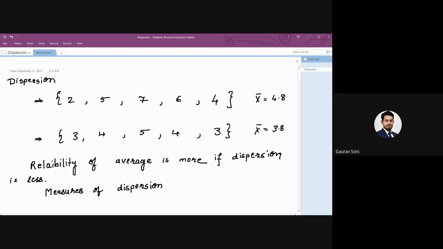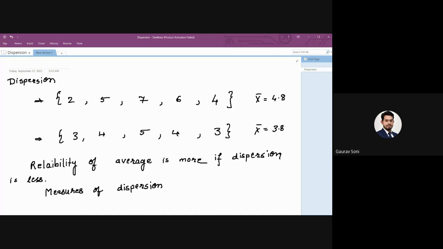How much reliable is the average you are using, whether mean, mode or median? So how much can you rely on that average?